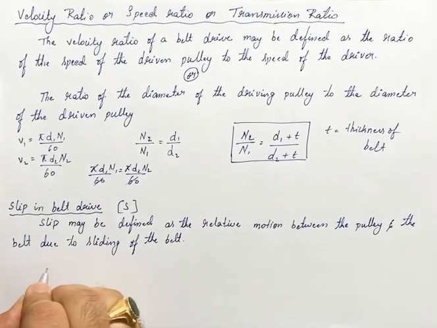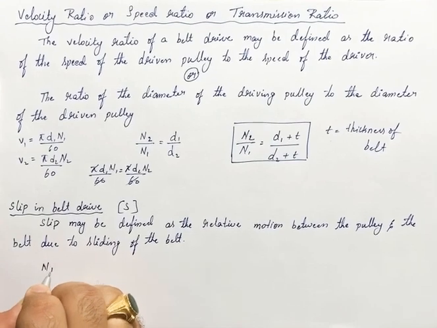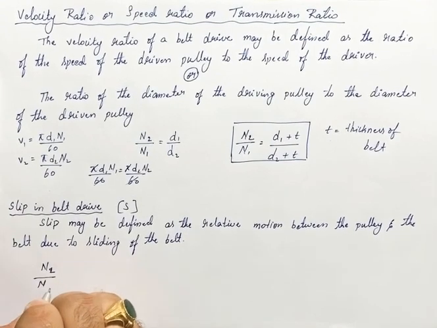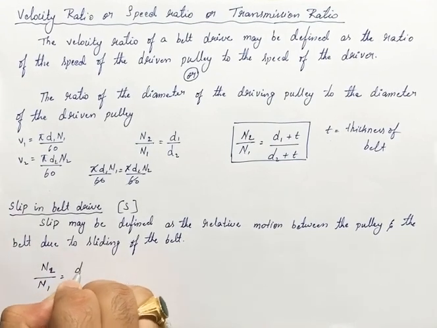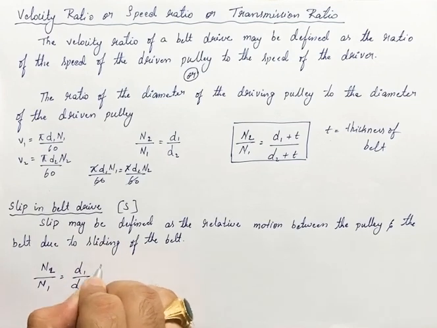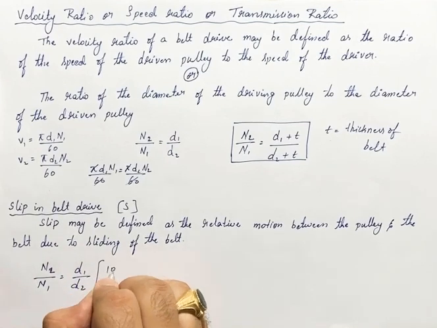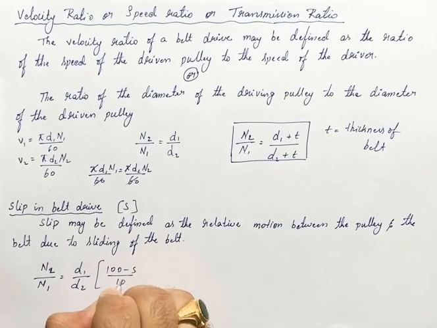So the velocity ratio goes like this, that is N2 by N1 is equals to D1 by D2 into (100 minus S) divided by 100.